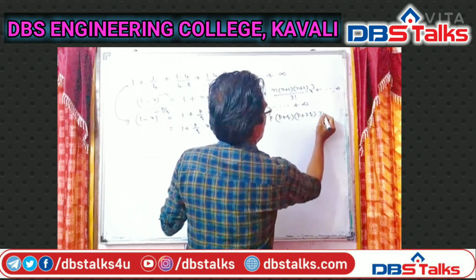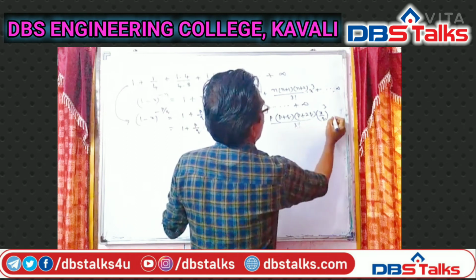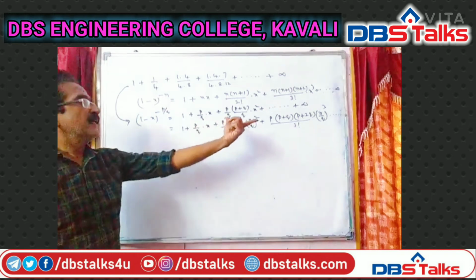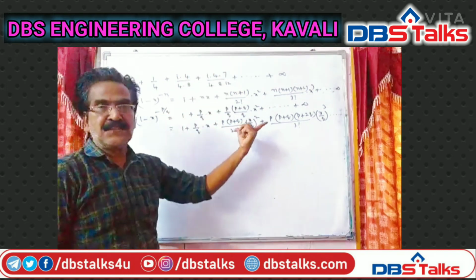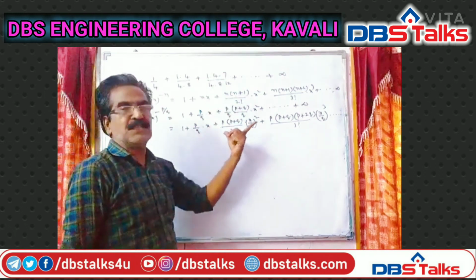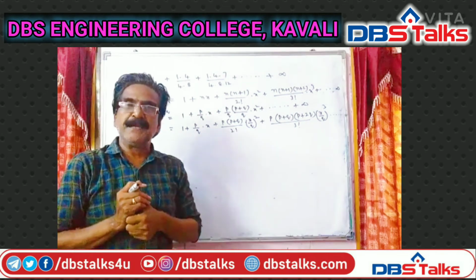x by q whole cube by 3 factorial, and so on up to infinity. So here our given expression is going to come in this form: (1 minus x) whole power minus p by q.